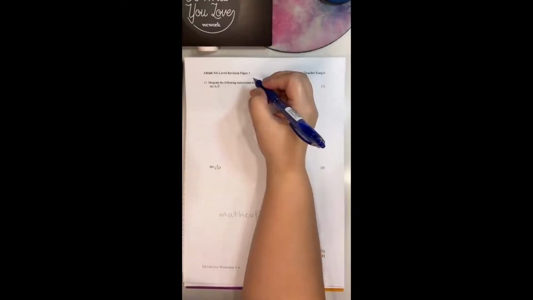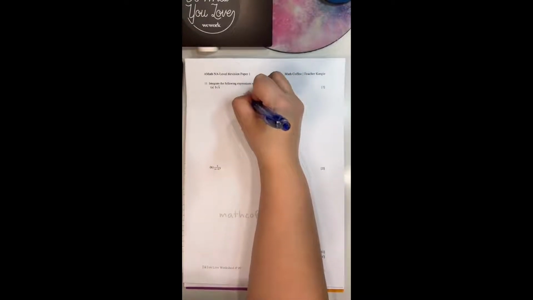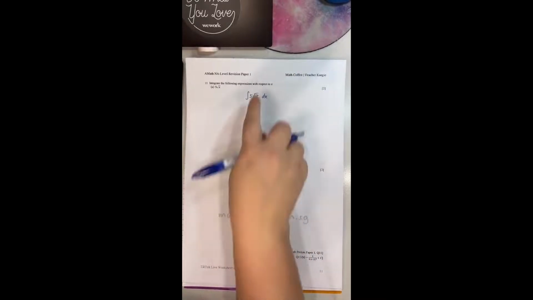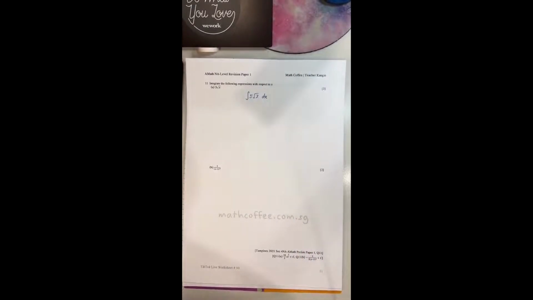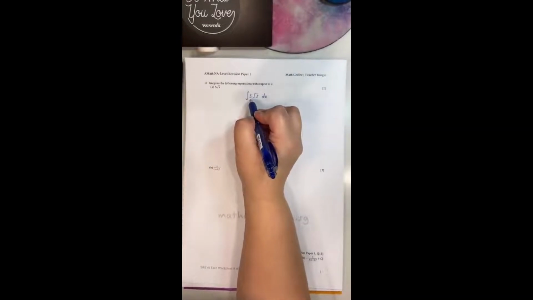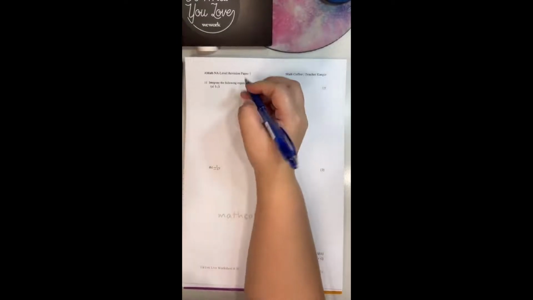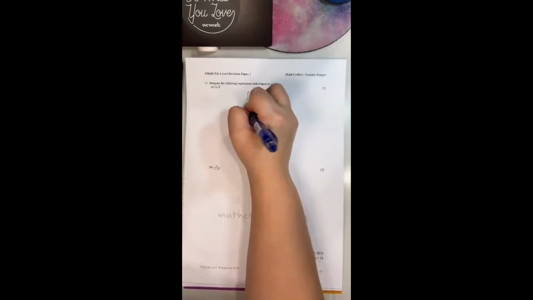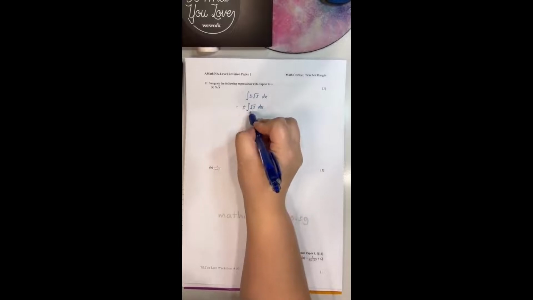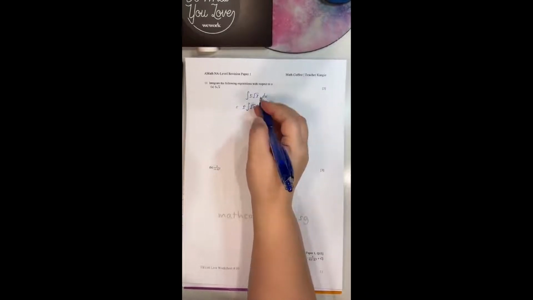So over here, I want to integrate 5 square root x with respect to x. Usually the constant, I will put it outside. So it is 5 integrate square root x dx. And again, I want to change this to index form.